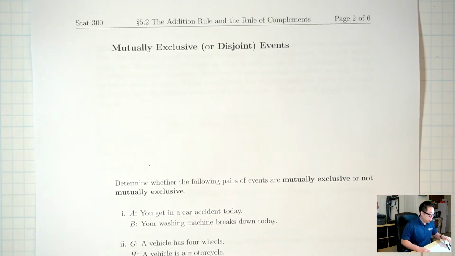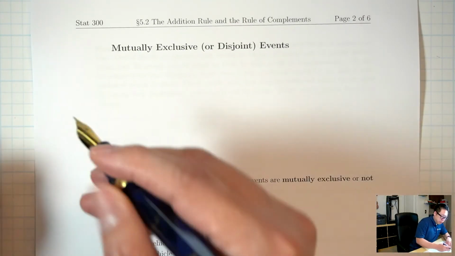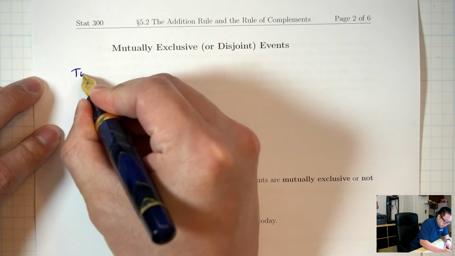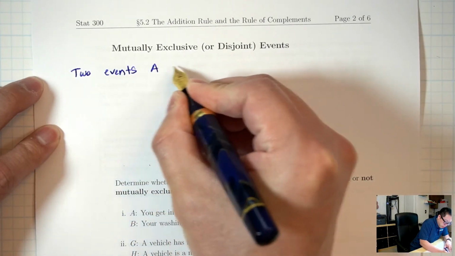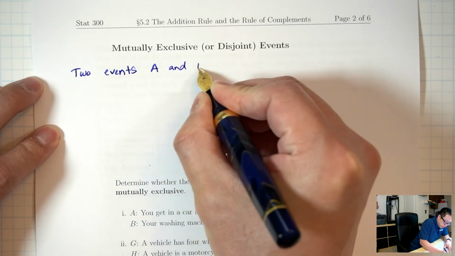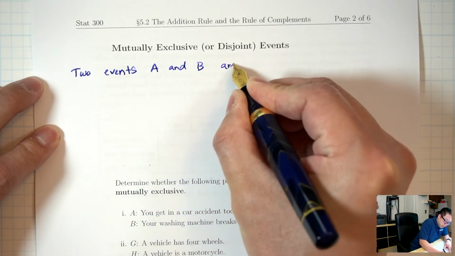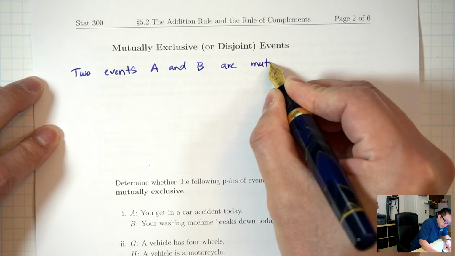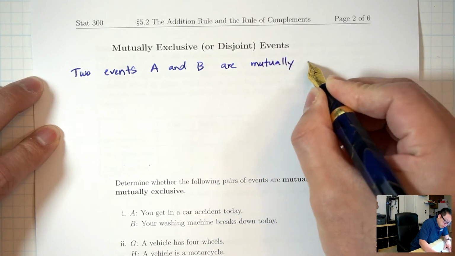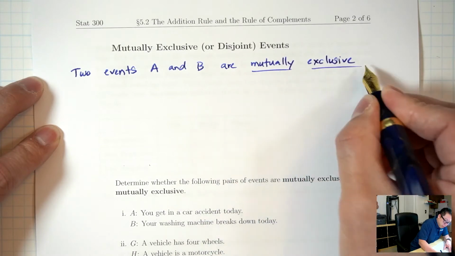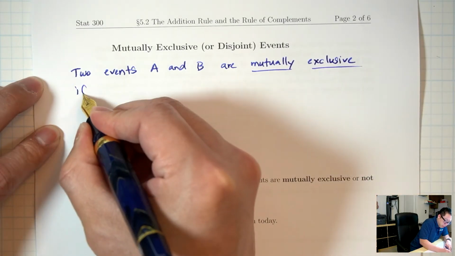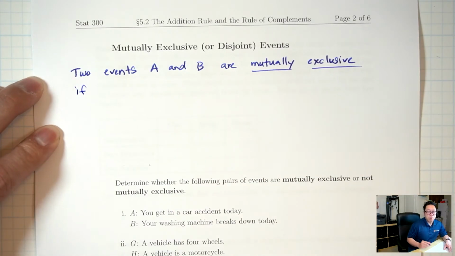Two events are mutually exclusive if they cannot both happen at the same time.